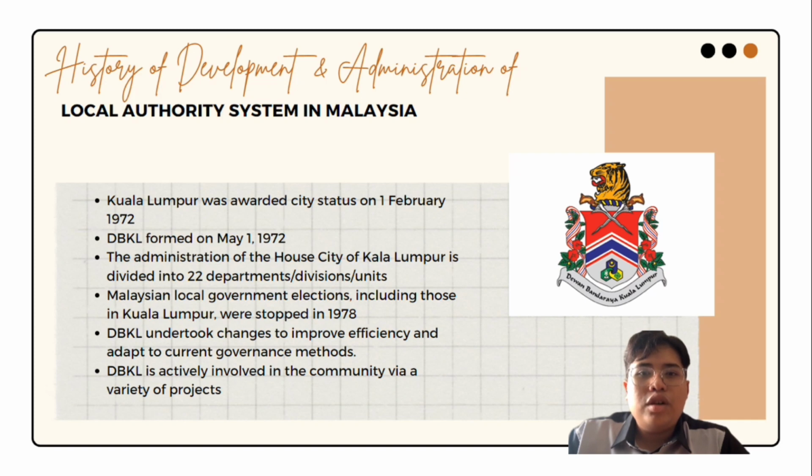Hence, the history of Kuala Lumpur's local government growth and administration illustrates the city's transformation from a colonial mining colony to a bustling metropolis. The role of DBKL in navigating the city through numerous difficulties and transitions has become critical, with emphasis on enhancing quality of life for its citizens.